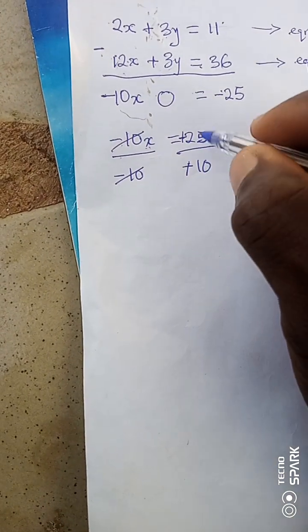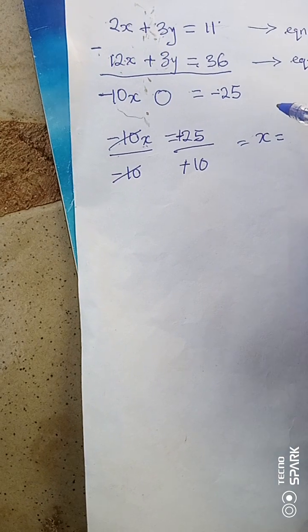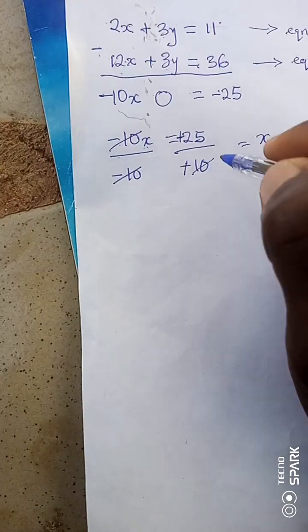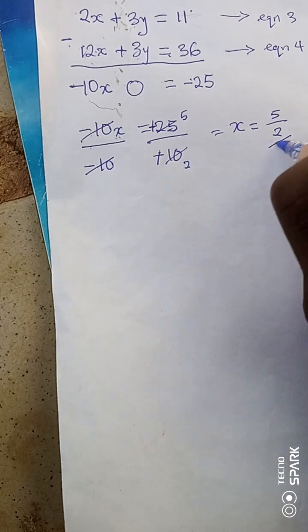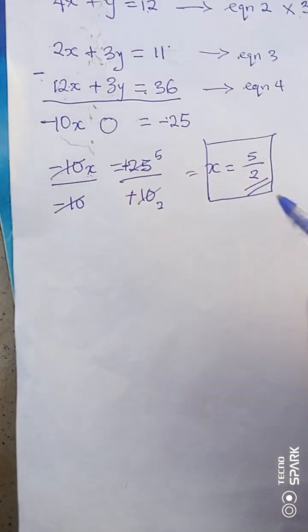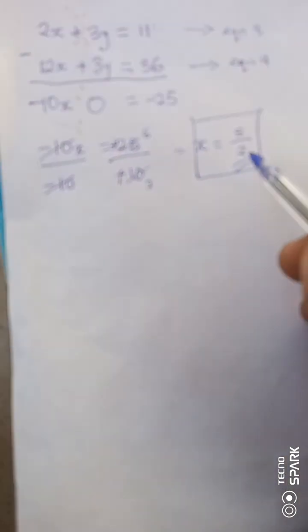So what will go into these two numbers without remainder is 5, right? 5 into 10 is 2. 5 into 25 is 5. So x is equal to 5 over 2. This is the value for x.